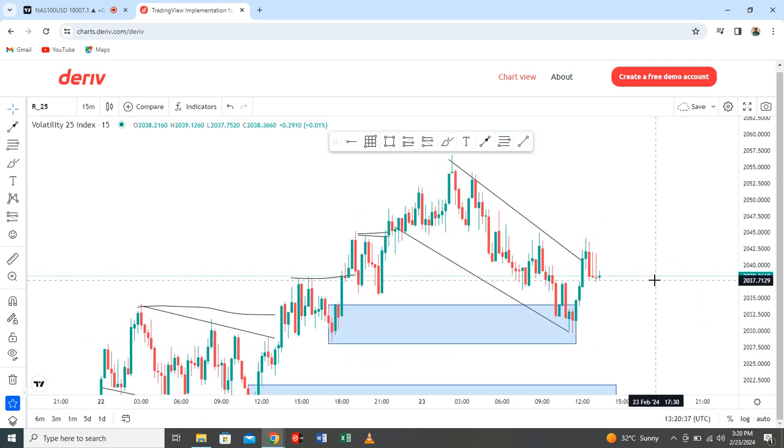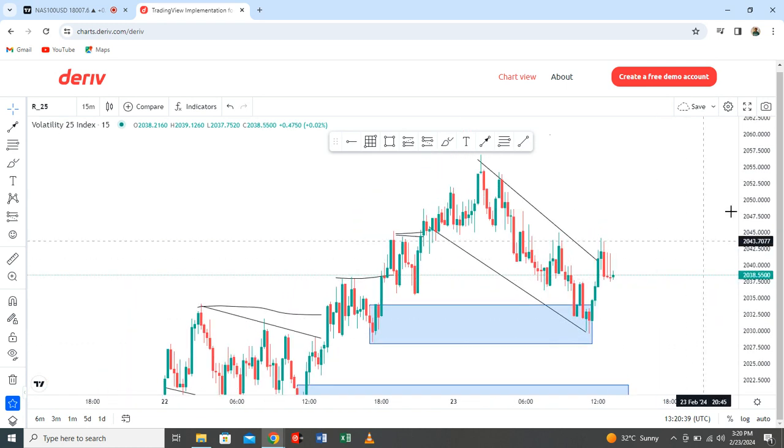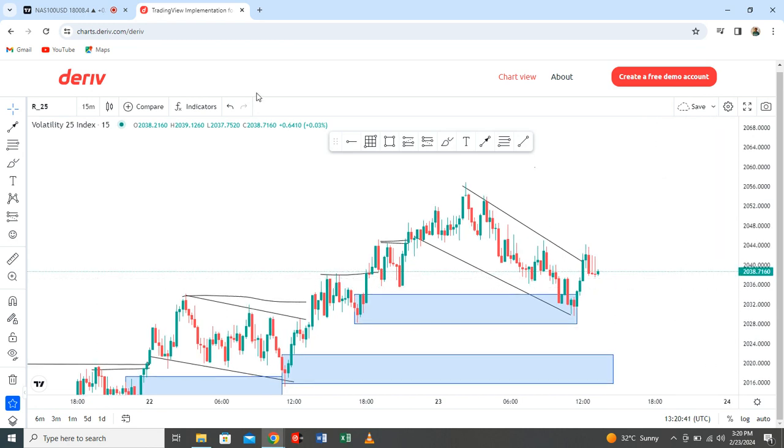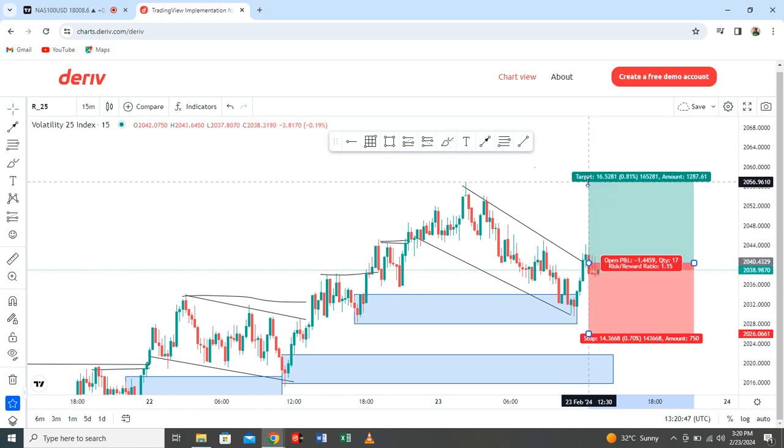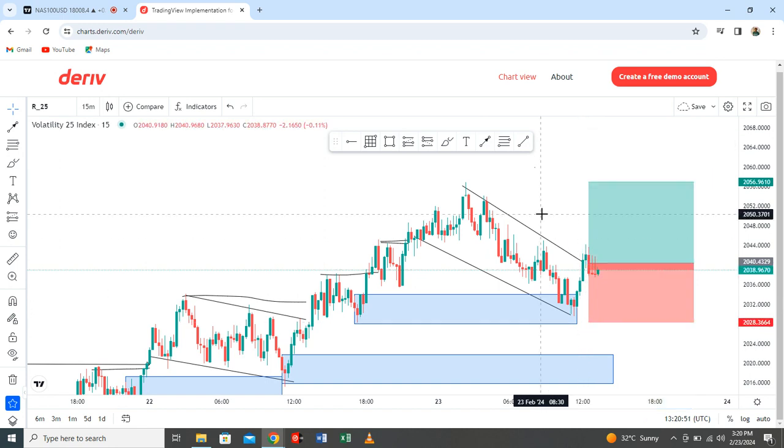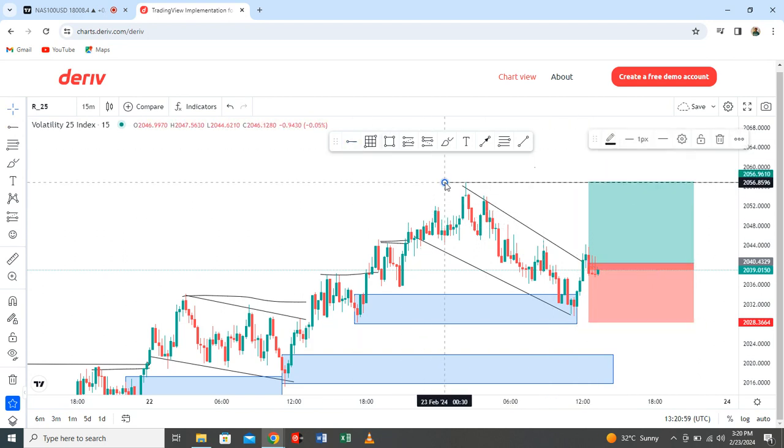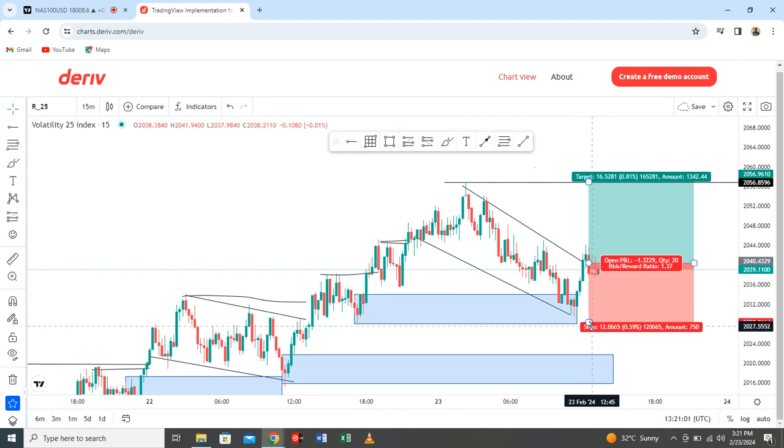Okay, so on my 15 minutes time frame, guys, I think that the price would give us a nice continuation pattern and then we continue pushing to the upside. But when it comes to this trade, guys, there is not enough risk to reward ratio. I cannot be targeting the 90% rule here and then my stop loss being here.